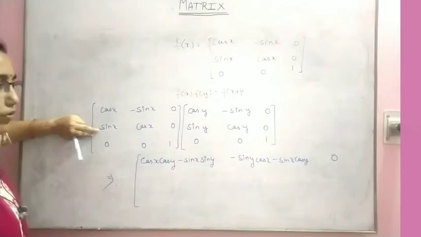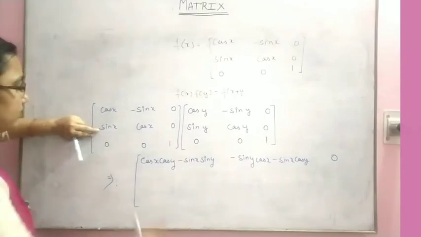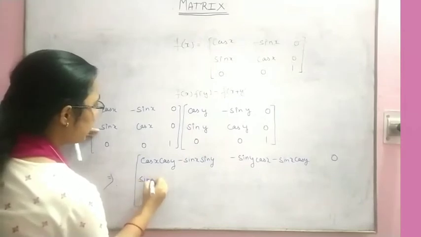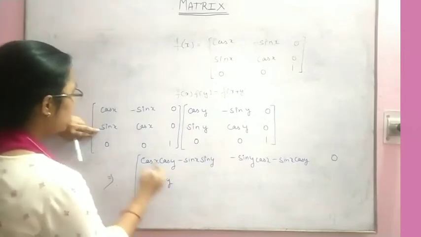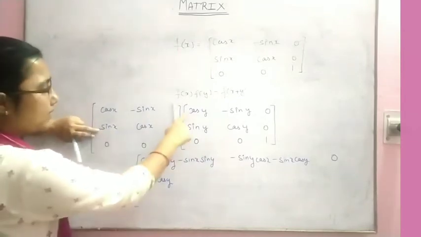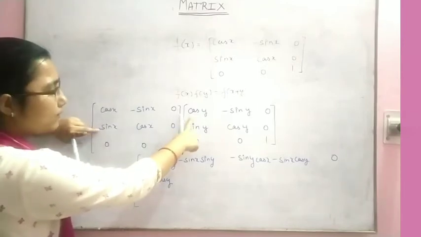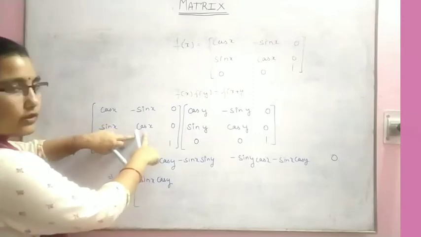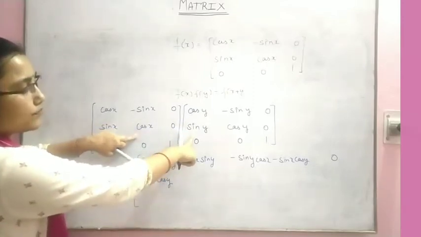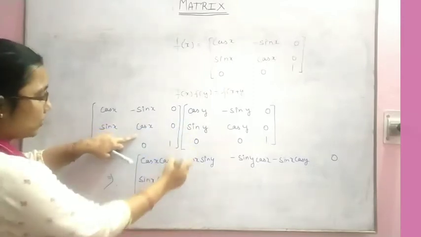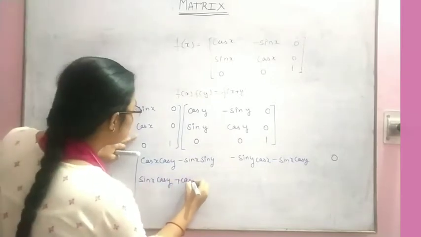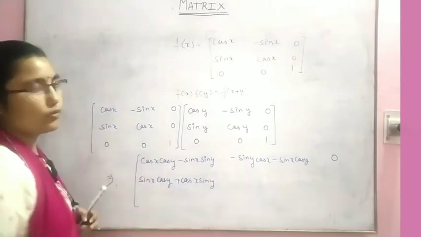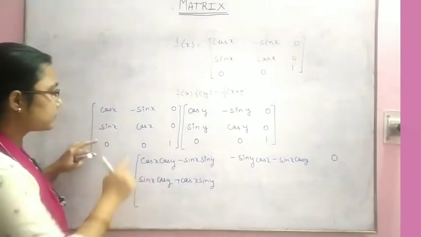Now select second row and the respective columns. So firstly second row and first column, we will get sin x cos y. The first element of the second row is multiplied by the first element of the first column, and the second element of the second row is multiplied by the second element of the first column, which is cos x sin y, and 0 multiplied by 0, we get again 0.